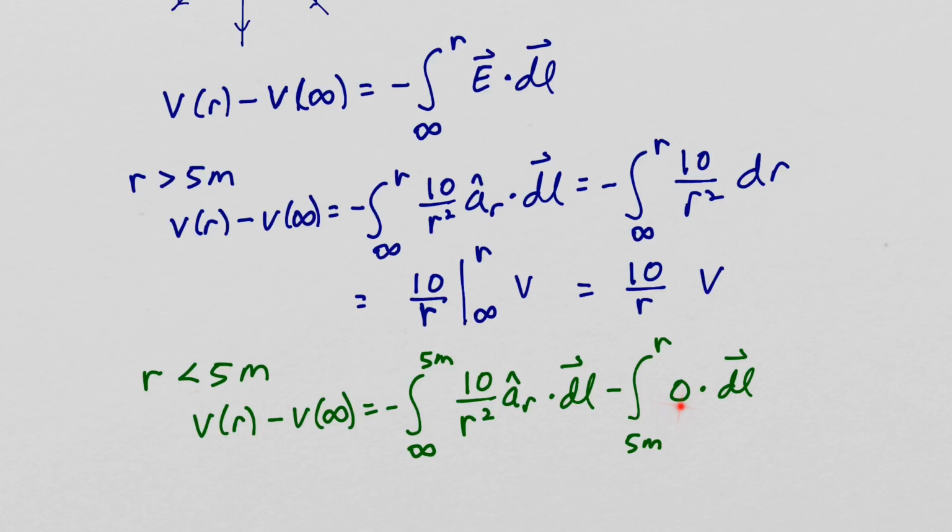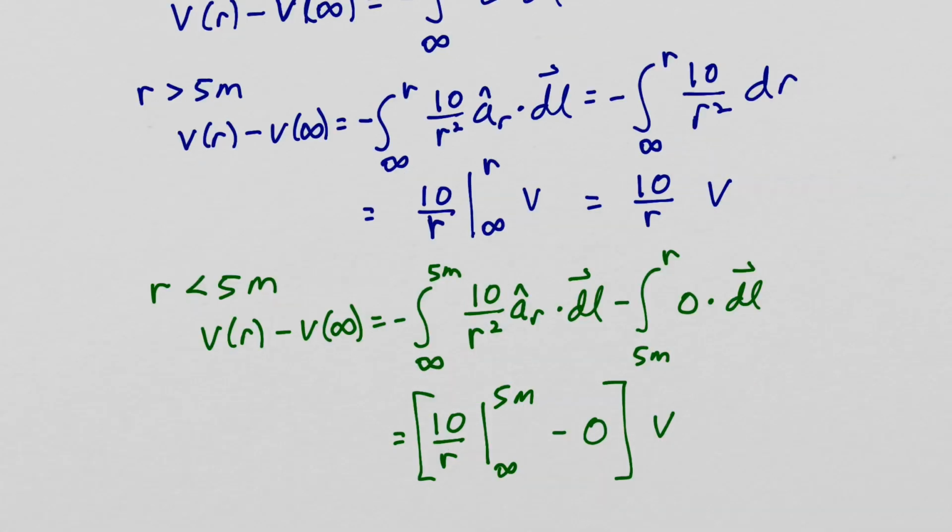This integration is 10 over r, and our limits of integration are infinity and 5 meters, and this integration is 0. So the result is 2 volts. Let me collect our two results and then we can discuss them.